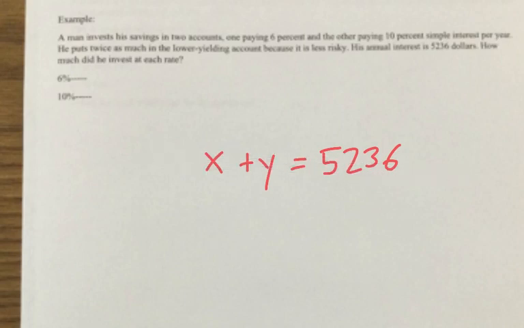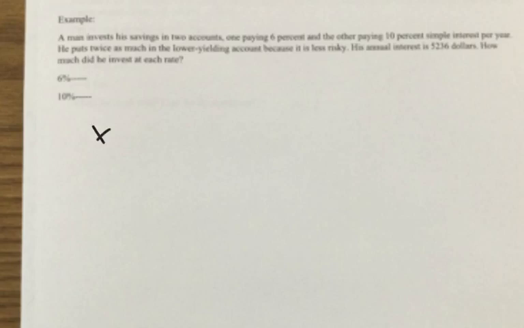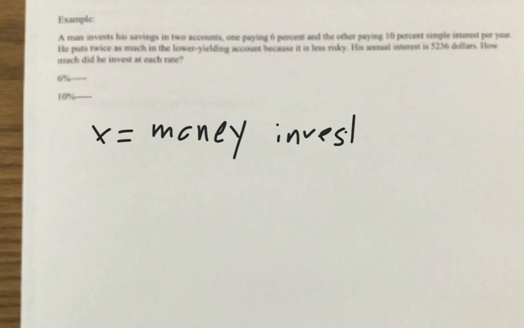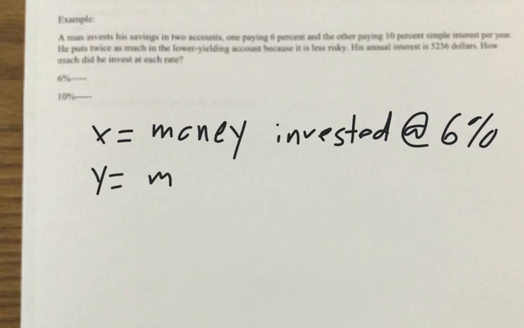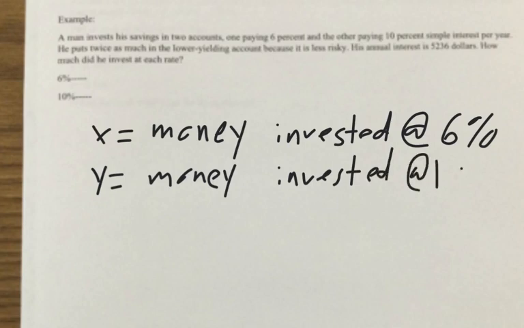Yeah, exactly. Did you write down what they represent at the beginning? No, you didn't write that? X should be the money invested at 6%. Y is the money invested at 10%.